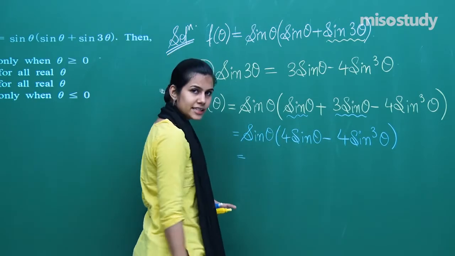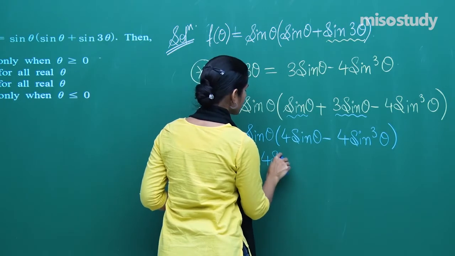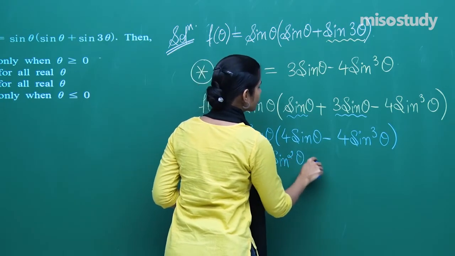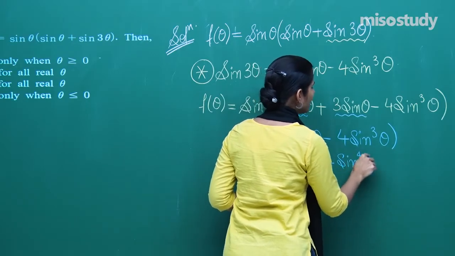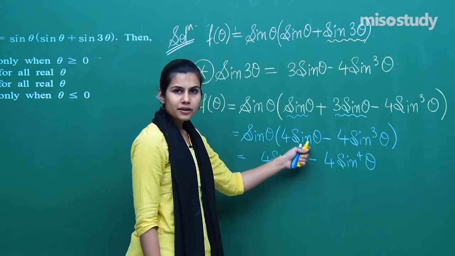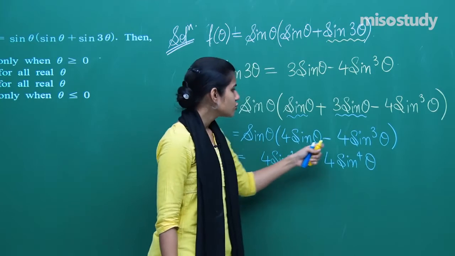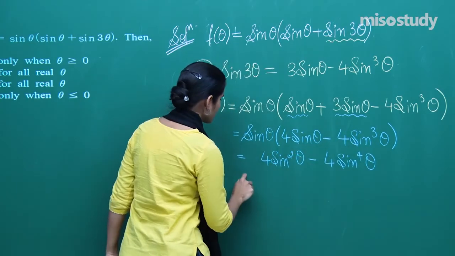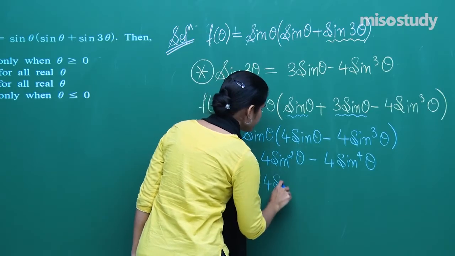Just let this sine theta get multiplied inside the brackets. You get 4 sine square theta minus 4 sine to the power 4 theta. This has increased the power by 1, this becomes 2, this becomes 4. You get 4 sine square theta common.